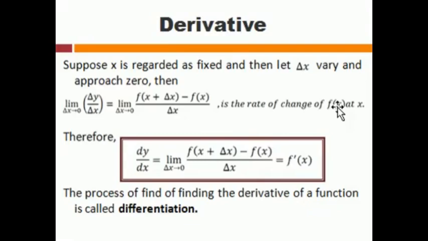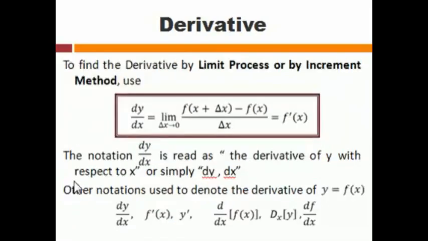The process of finding the derivative of a function is called differentiation. To find the derivative by the limit process or increment method, use dy dx equal to the limit of f of x plus delta x minus f of x over delta x as delta x approaches 0, which is equal to f prime of x. The notation dy dx is read as the derivative of y with respect to x.